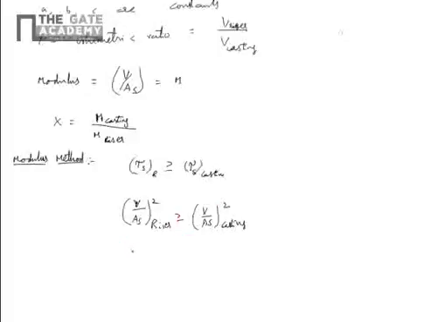V by AS is nothing but the modulus, so modulus of riser is greater than or equal to modulus of casting. So modulus of riser equals 1.2 times modulus of casting. Substituting these values, you will get the diameters. The concept of design is to calculate the optimum diameter of the riser so that it solidifies later than the casting.